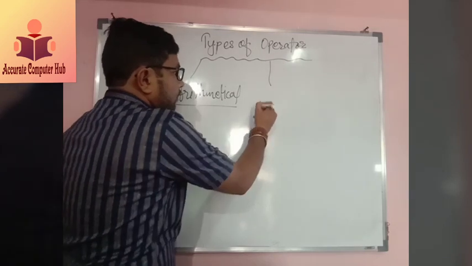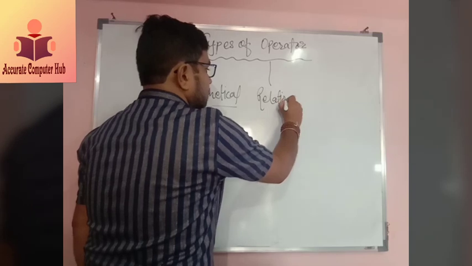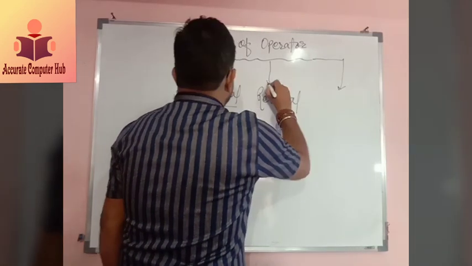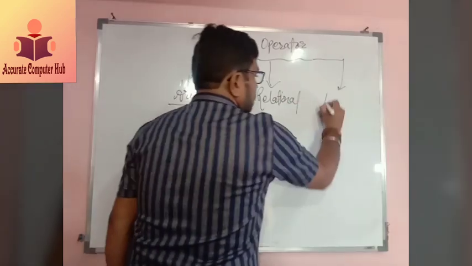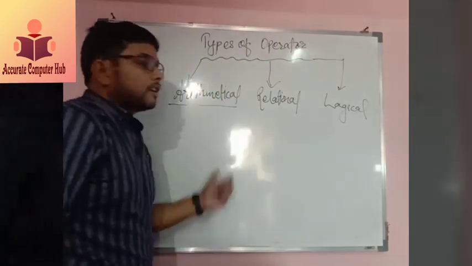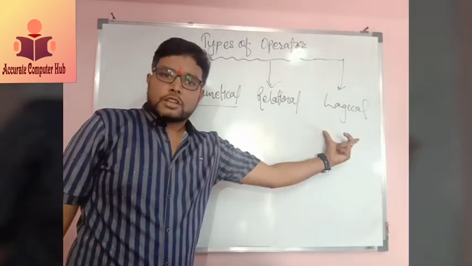Second is the relational operator. And third is the logical operator. So these are the 3 types of operators: arithmetical, relational and logical.